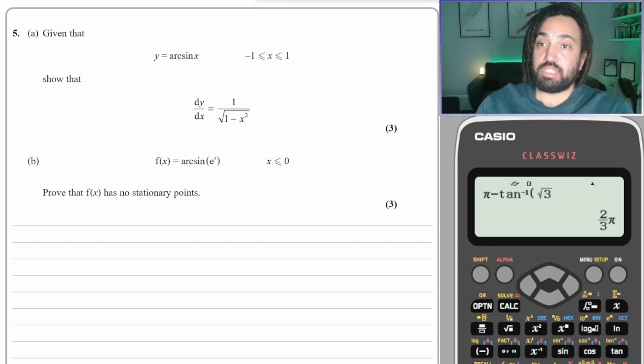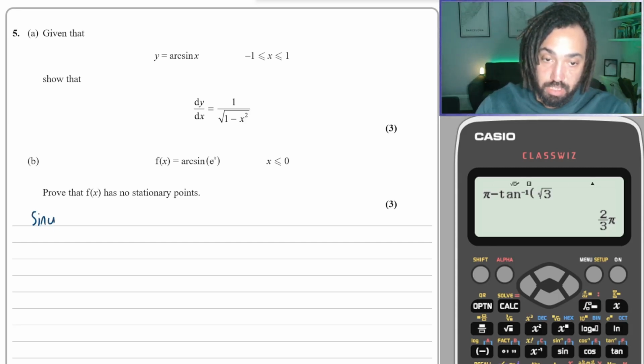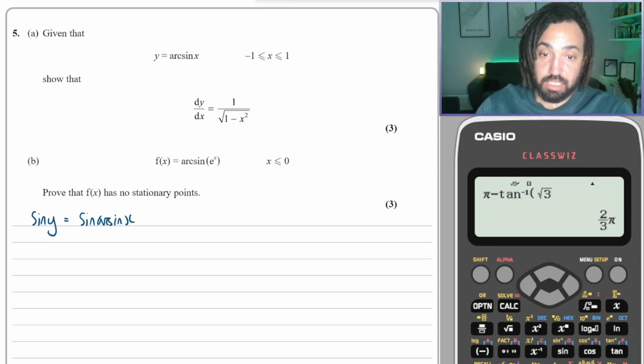But let's do this. What would you do? You'd sine both sides as the starting point. So if I take sine of both sides, then sine of arcsine of x is just x, because sine and arcsine are inverses of each other.